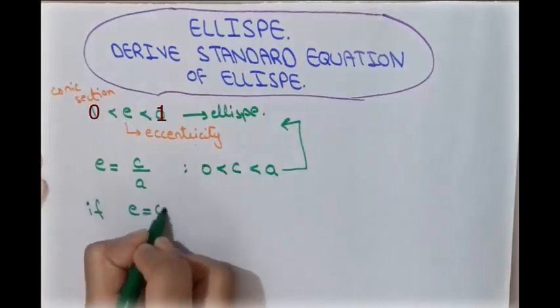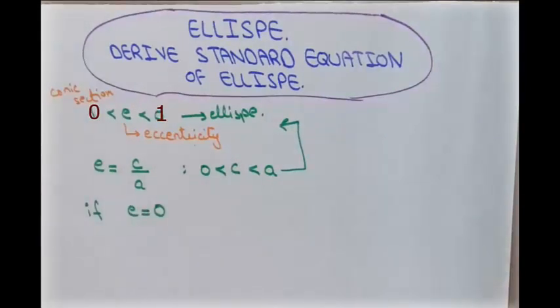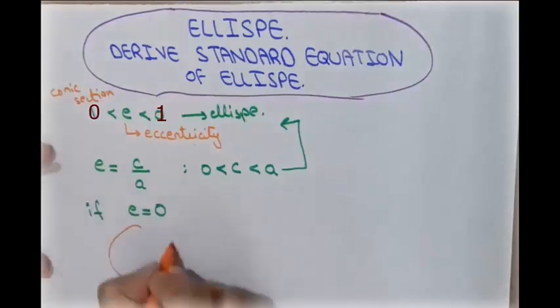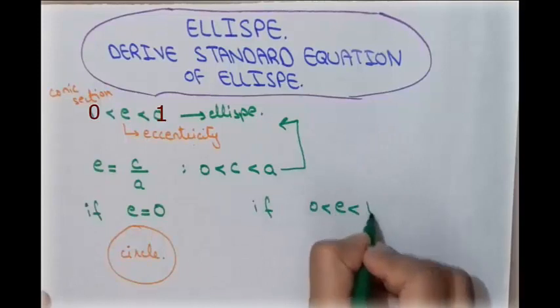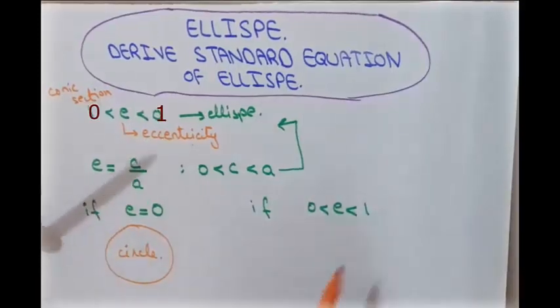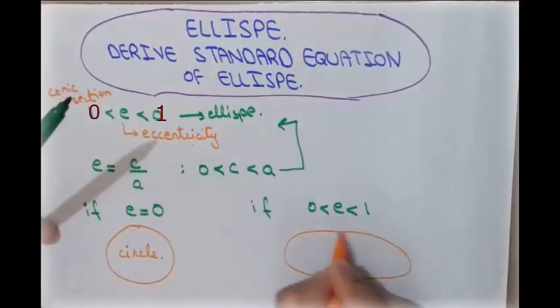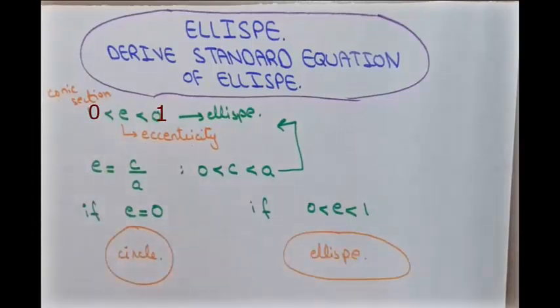If E is equal to 0, then it forms a circle. If E lies between 0 and 1, then its shape looks like an ellipse, a stretched circle. Basically, E describes the shape of a conic section, that it tells us whether it appears as a circle, an ellipse or a parabolic shape.